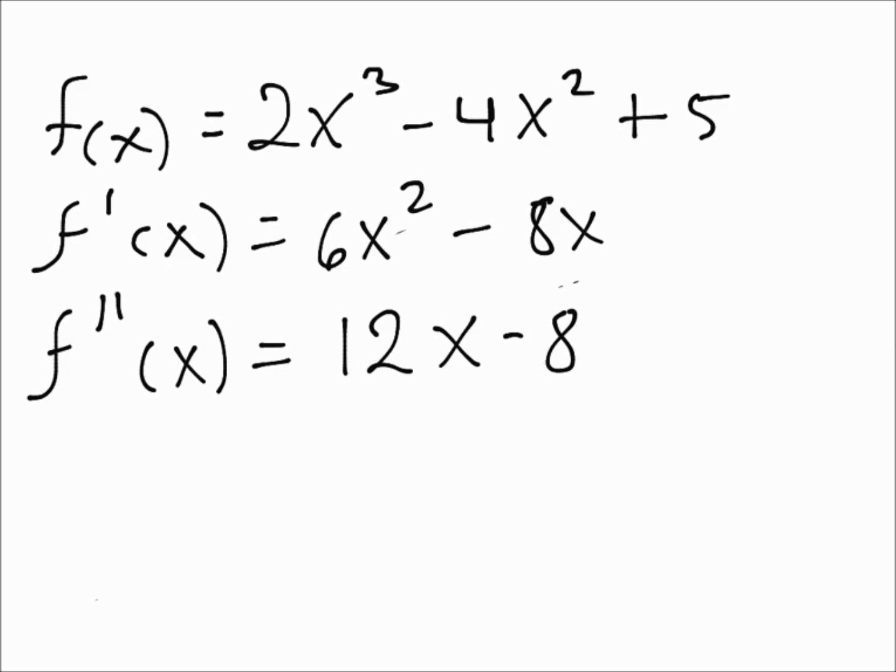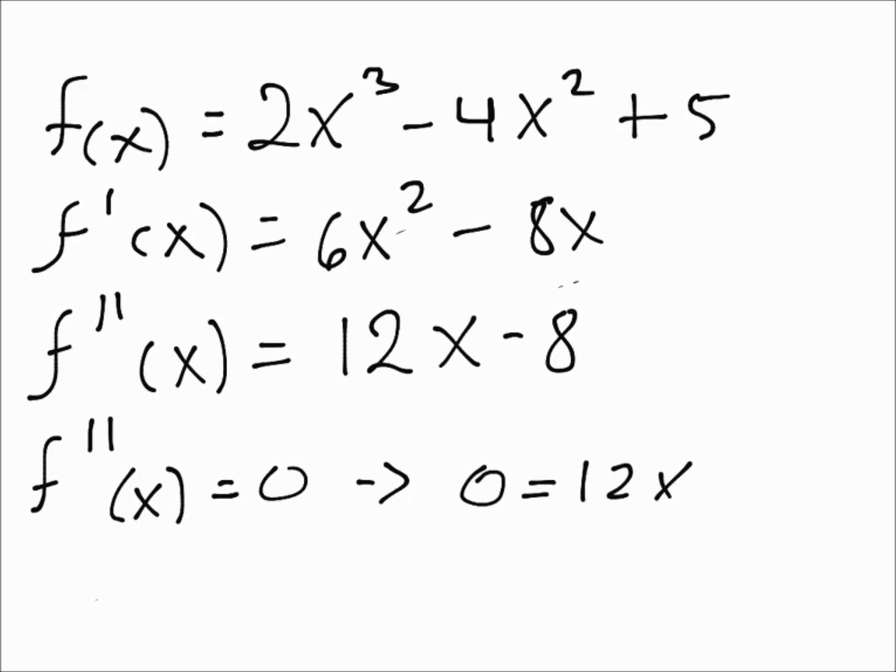And you make it equal to 0 and solve for x. So 0 is going to be 12x minus 8, and then x is going to be 8 over 12, which is the same as 2/3.